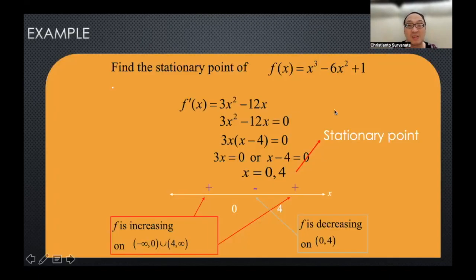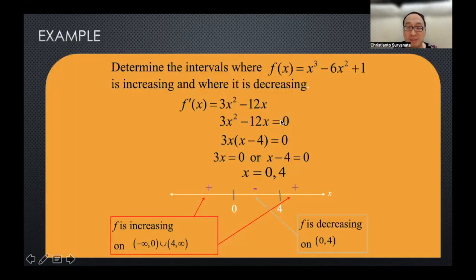Okay, for example, the same equation, the same function. So we find the stationary point. We derive it first: 3x squared minus 12x, the same as before, and we make it 0. As in the previous example, we make it 0 to find the stationary point.